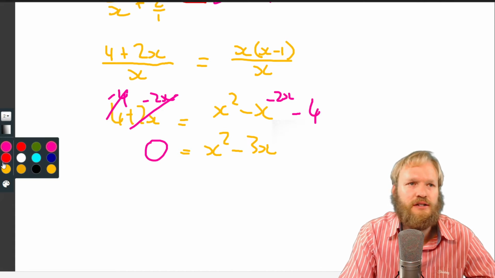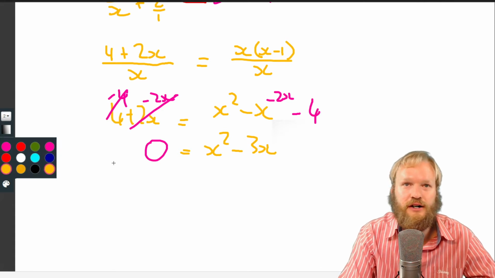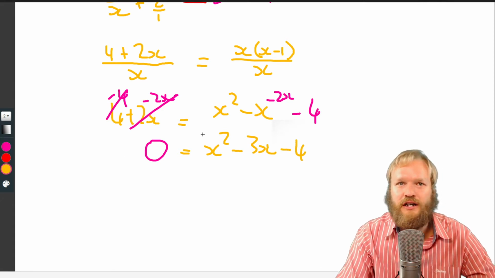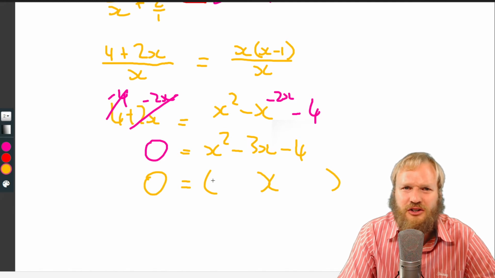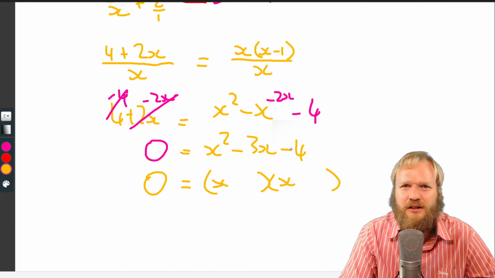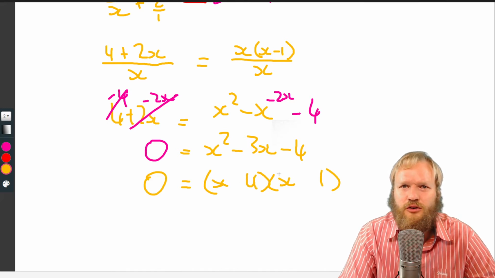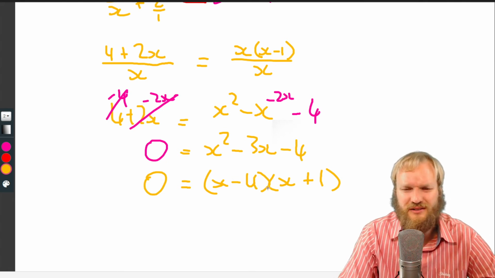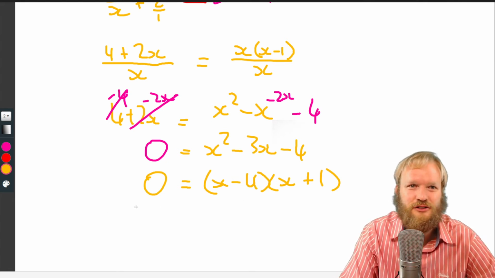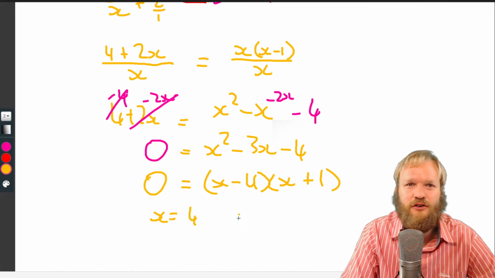What we do on one side, we do on the other, right? Minus 4, so quadratic equals 0. You might reach for the quadratic formula. I reckon this is going to be solvable: it's 2 and 2 or 4 and 1, and 4 and 1 seems to work. Minus 4 plus 1. Remember, nothing wrong with using the quadratic formula, but it's a bit quicker if it is useful to factorize. So x equals 4 or x equals minus 1.